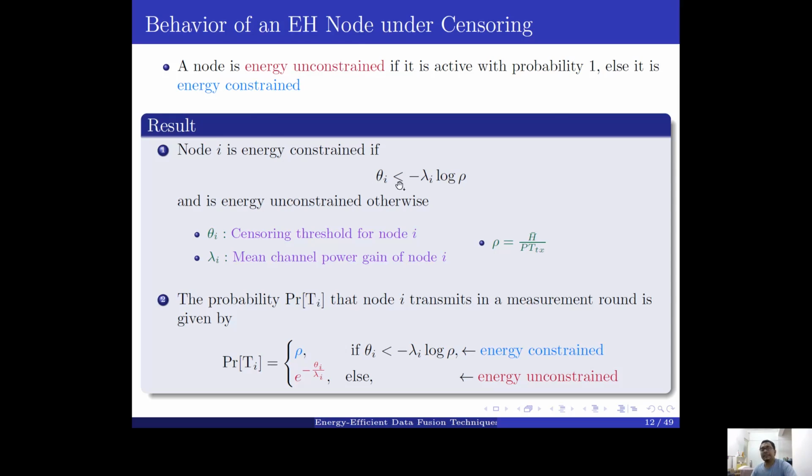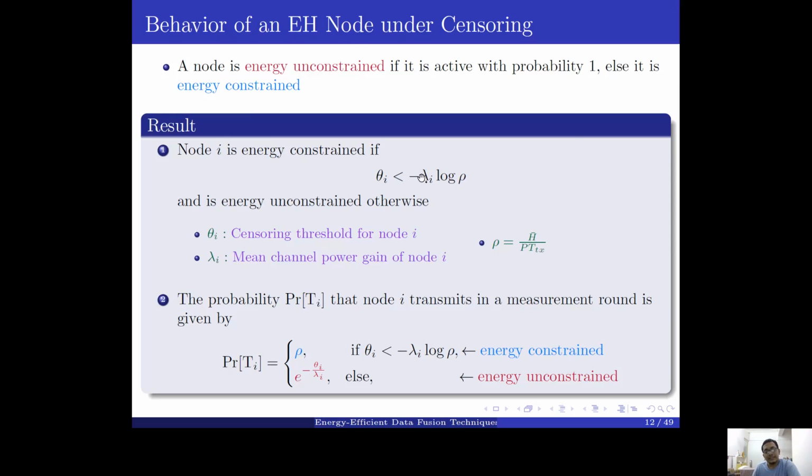Node i is energy constrained if its censoring threshold theta_i is less than minus lambda_i log rho. Here lambda_i is the mean channel power gain of node i and rho is the ratio of the average harvested energy H bar to the average energy needed to transmit. It consists of the transmit power P and the transmit duration T_TX.